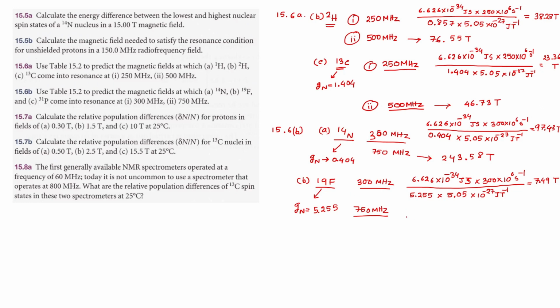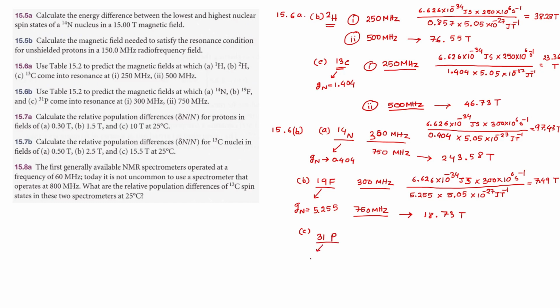It will not be exactly double but more than double, 18.73 Tesla, because it is not 600 megahertz right now, it is 750. So for the last one it is 31P, right?